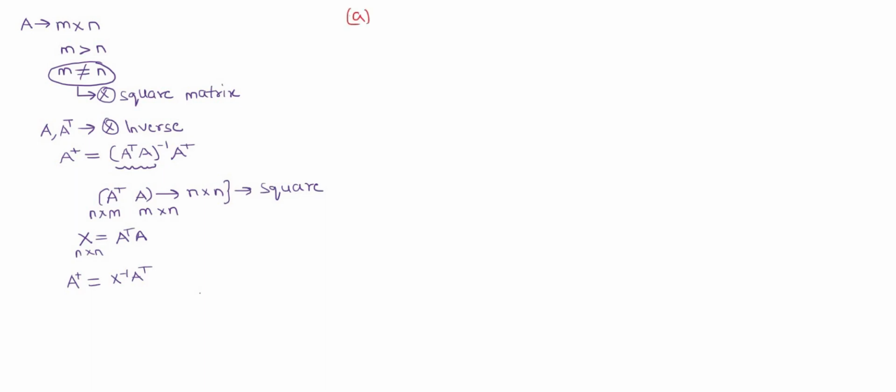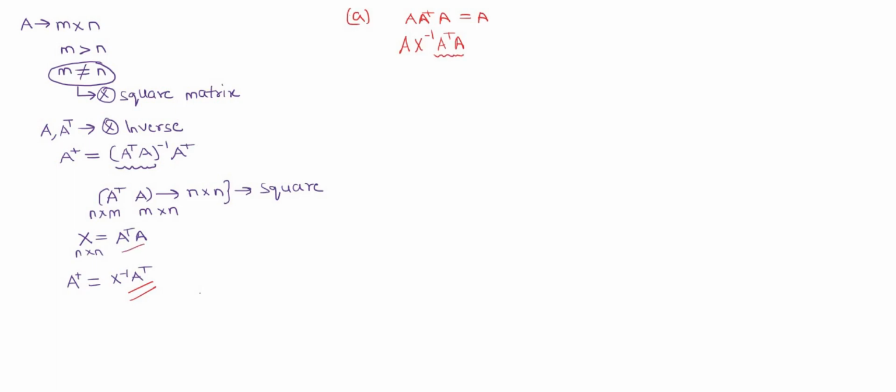In this option, A plus A equal to A is given. We have to check whether this relation is correct or not. Now we know that A plus is X inverse A T, so we will put that here. It will be X inverse A T into A. Now what is A transpose into A?